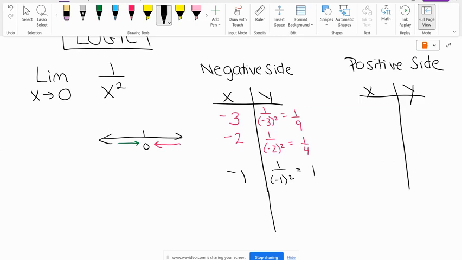What does it look like the y's are doing? It looks like the y's are going up, right? You're 1/9, then 1/4, then 1. All right, I'm going to get even closer. Let's do negative 0.5. So now we have 1 over negative 0.5 squared.